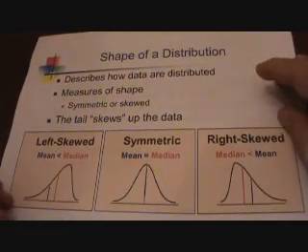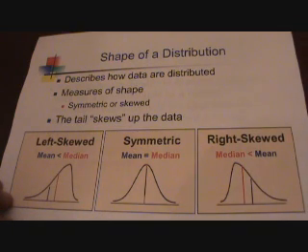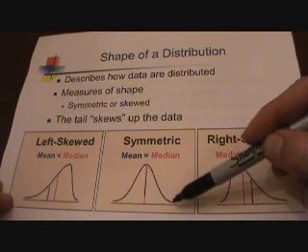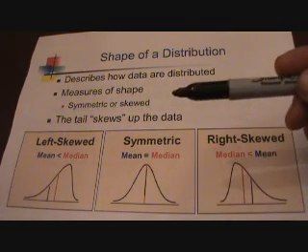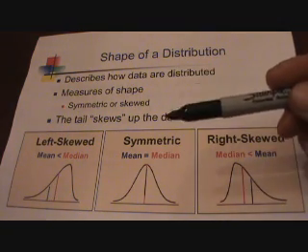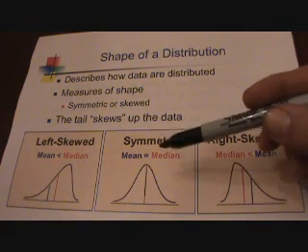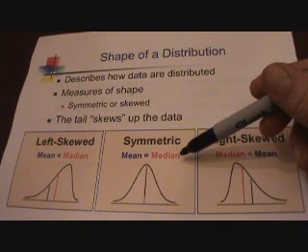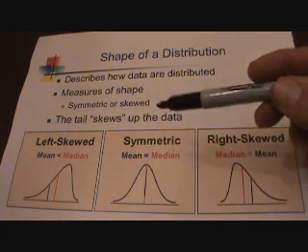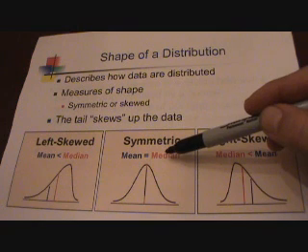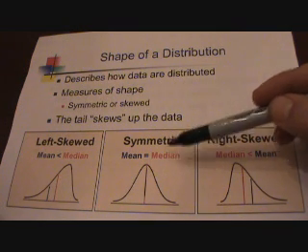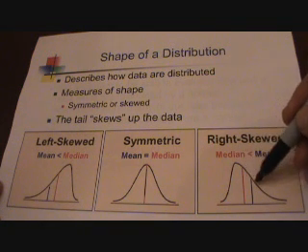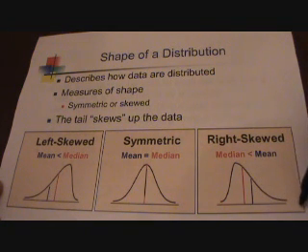Our distribution is going to have a shape associated with it. If we look at the spread of data around its midpoint, for symmetric data the mean is equal to the median. Going back to our definitions, the average value is equal to the data point right in the middle. If something is right skewed, we've got a lot of data out here to the right, larger values.